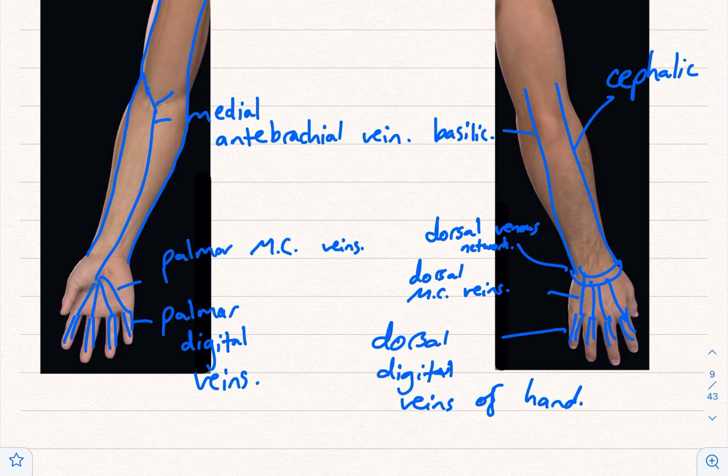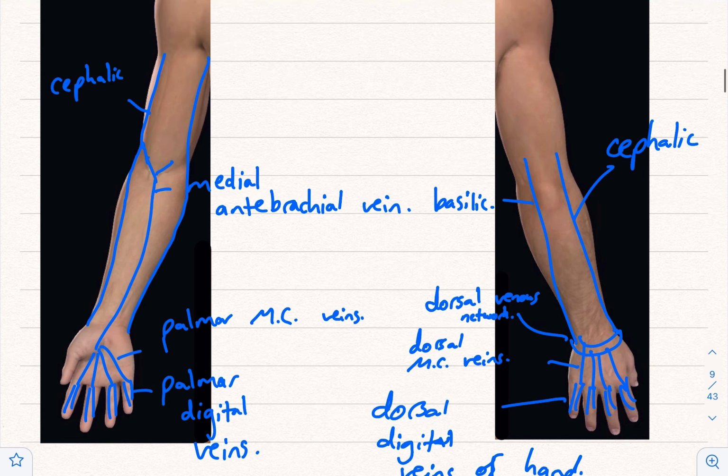Okay. So then this one will be cephalic. And this one will be basilic. So, what then happens is the basilic vein keeps going up until, let's say, this point.